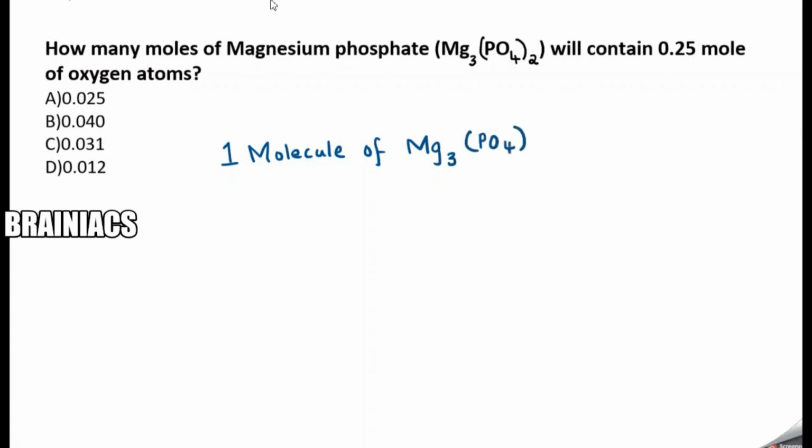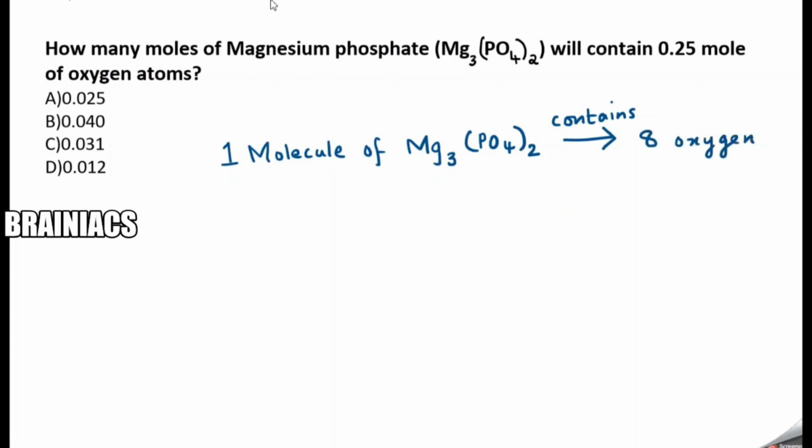Tell me, one molecule of Mg3(PO4)2 contains how many oxygen atoms? We know that (PO4)2 is there, so oxygen 4 into 2, that is 8 oxygen atoms.